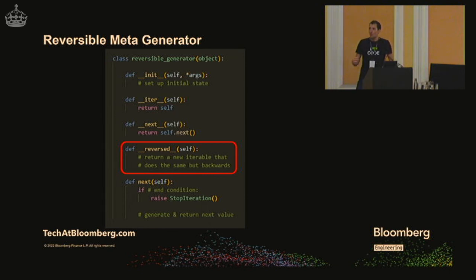It's a bit more clever than a basic generator in that it has this implemented very smartly. It doesn't need to just read out all the values one by one and then flip them around. It can actually do that because it knows its start and end value and step. It doesn't need to do all the heavy lifting. If we can do that as well, if our use case allows, we can write a reversed dunder and save ourselves a lot of pain.